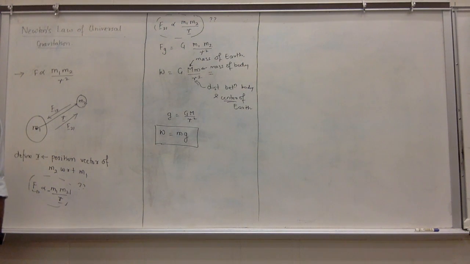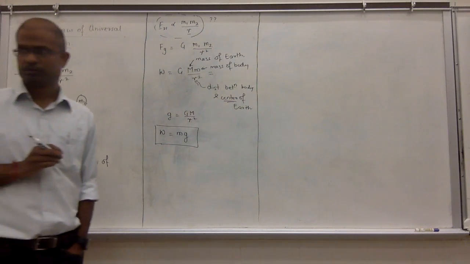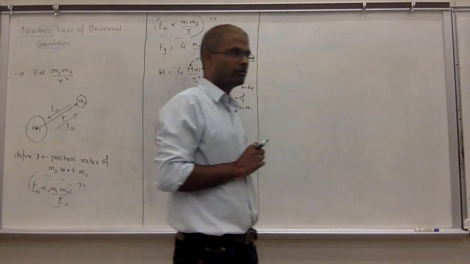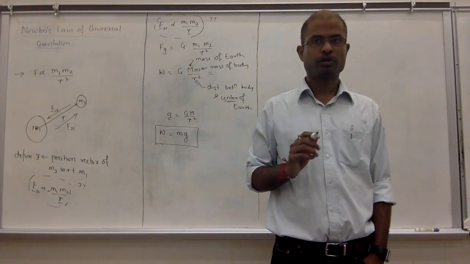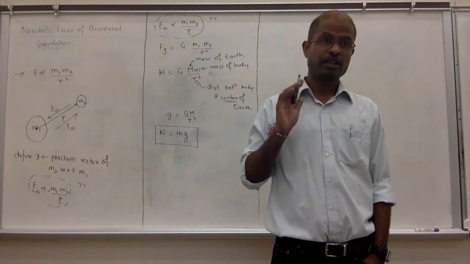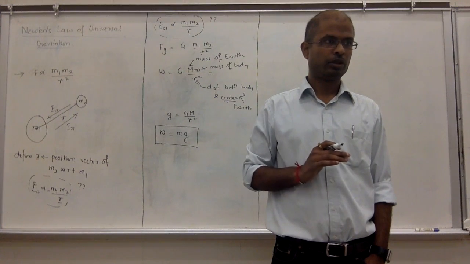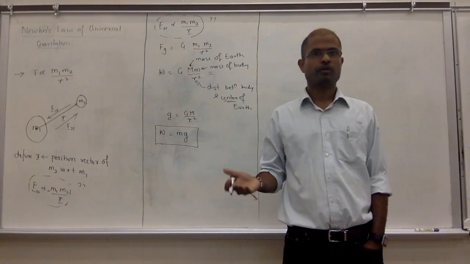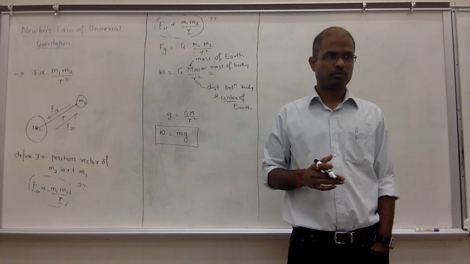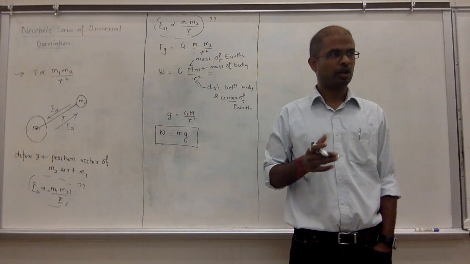Can you prove laws mathematically? You cannot prove laws mathematically. So that is the real meaning of a law. For example, Newton's laws can only be expressed mathematically. You cannot arrive at Newton's laws starting from somewhere. Okay? So that is where we start.